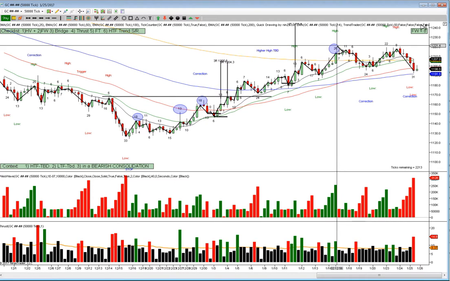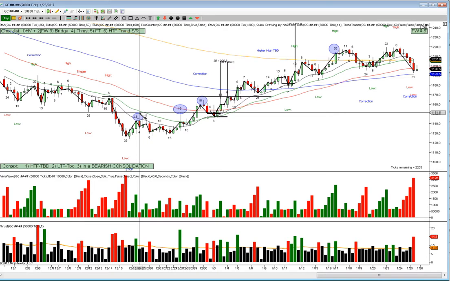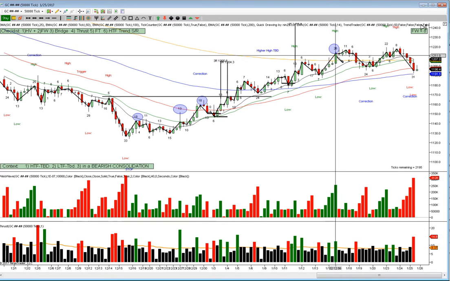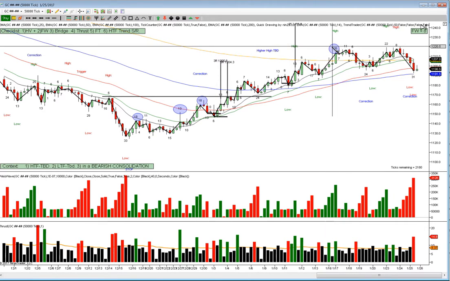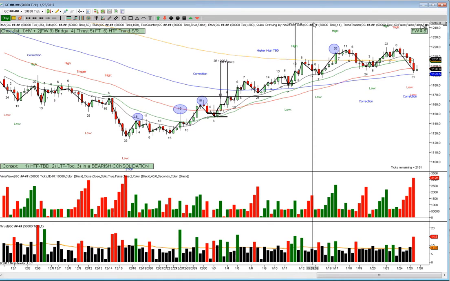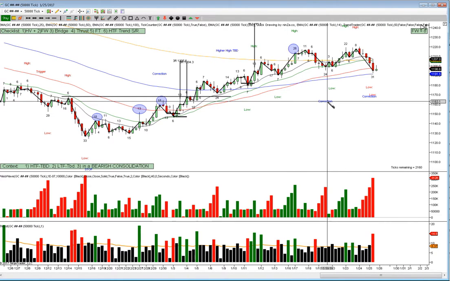Who buys the highs? Why is the print at the high greater than the print at the lows? This is not smart money. A print at the high greater than the print at the lows is a warning sign, even if it's just comparable to the print at the lows, because smart money doesn't buy highs, it's the public. So who's buying here? I don't think it's smart money.